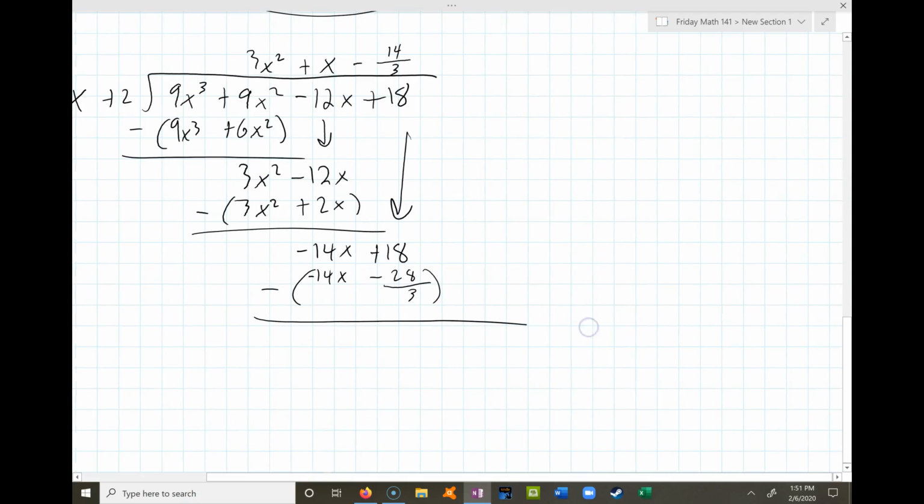And this is going to be what? Let's see. 18 would be the same thing as 54 over 3, so this would be 54 over 3 plus 28 over 3.